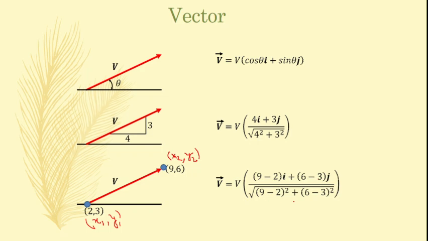This total thing represents the unit vector along this direction. Then we can represent this vector v by the magnitude of the vector times the unit vector that defines the direction.